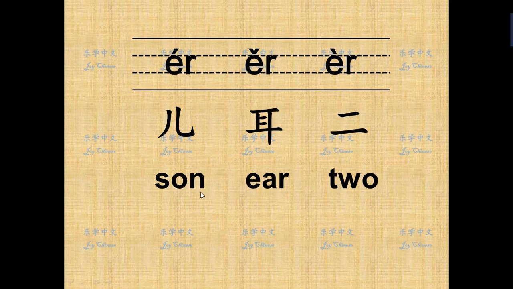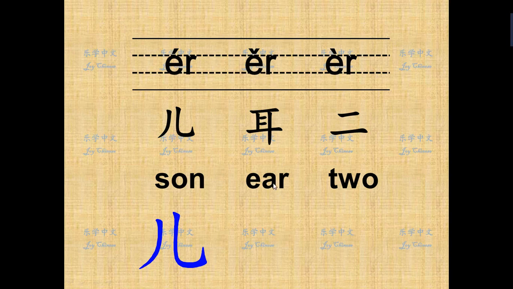So I will show you how it is written. For the first one, it means sun. It's only two strokes. First, second. So you write like first and second. The second character means ear.